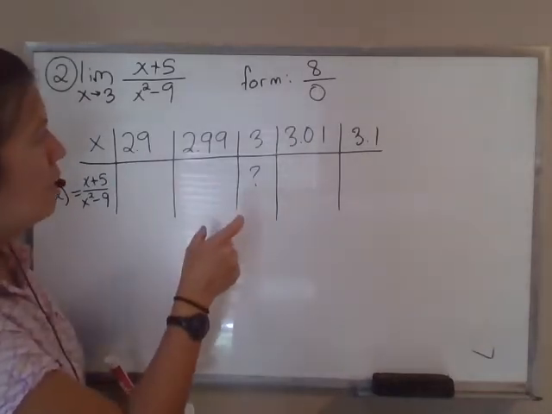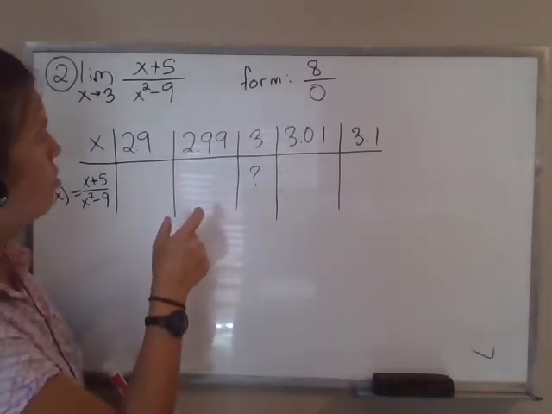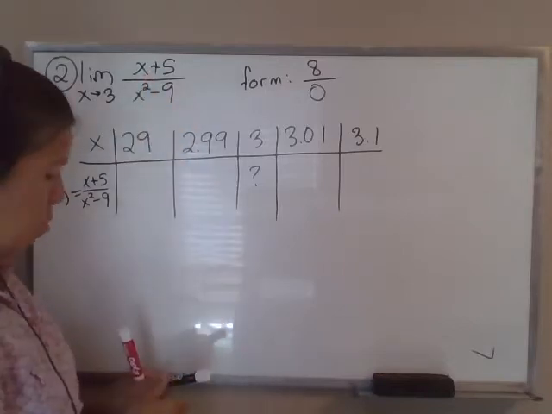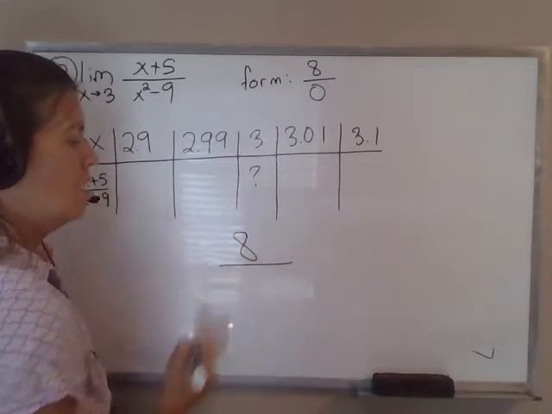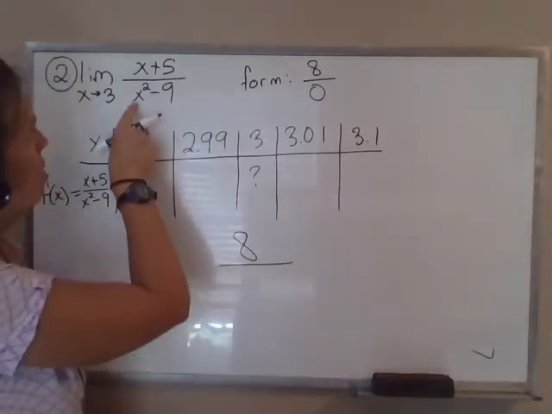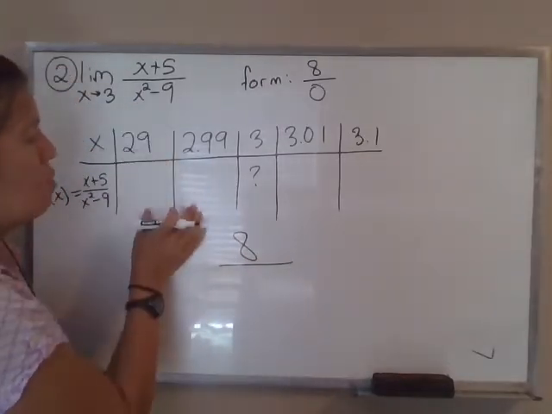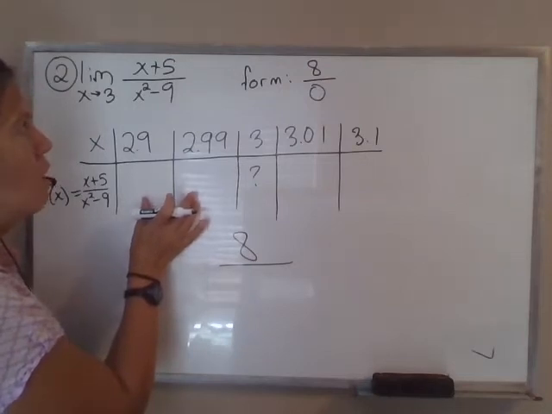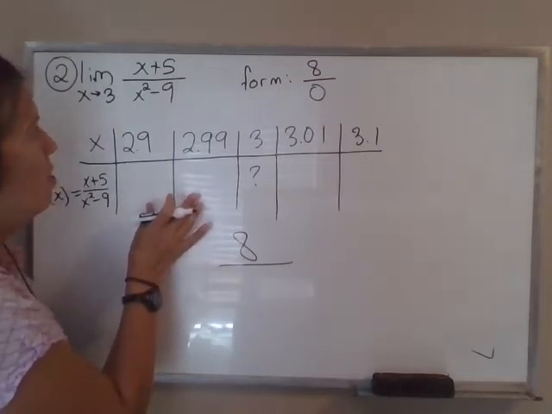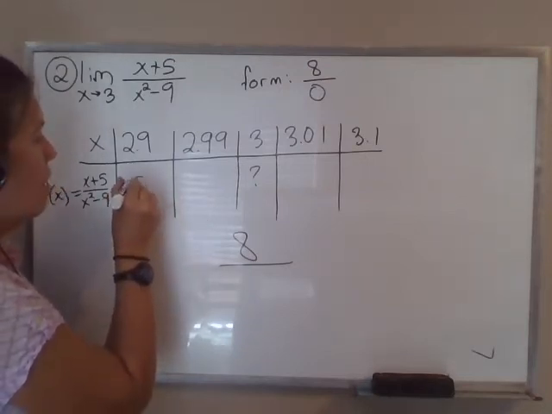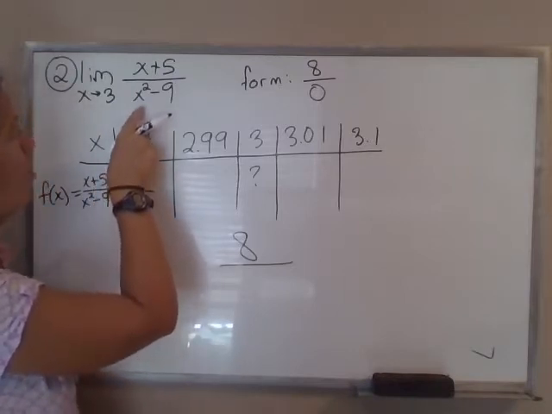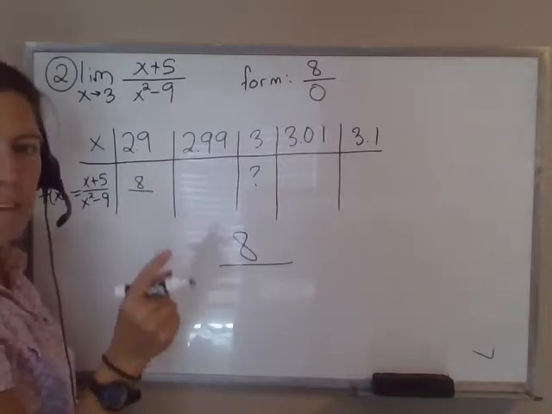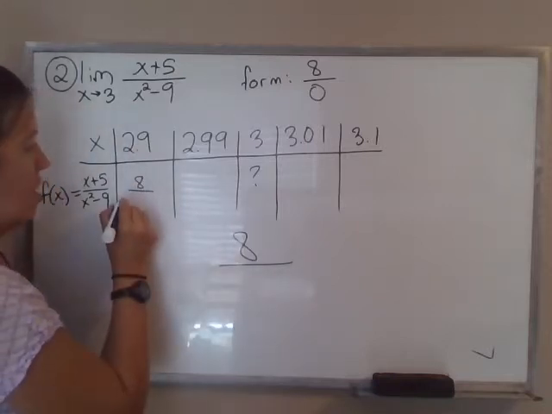So when you plug in something very close to 3, the numerator is something very close to 8, right? The denominator, so if we pick something close to 3, let's say on this side, close to 3 but a little bit smaller, then you're going to have 8 over 2.9 squared take away 9, which is something just slightly negative.